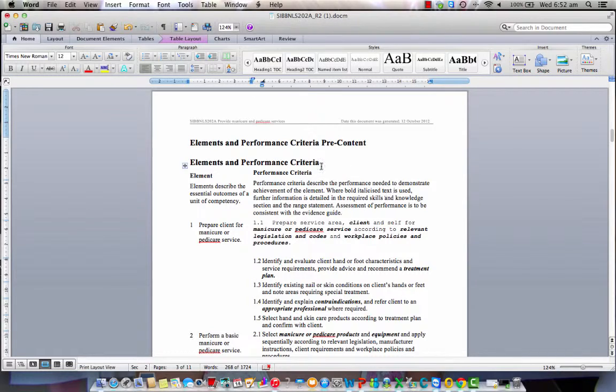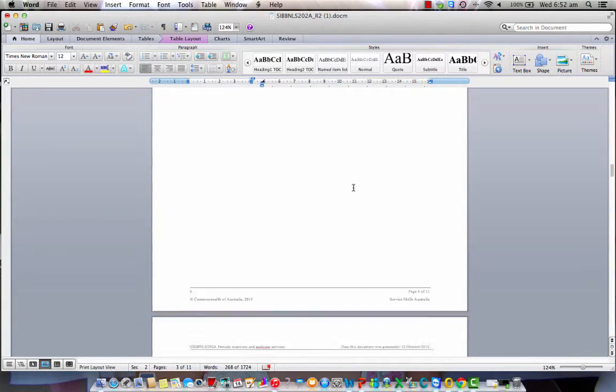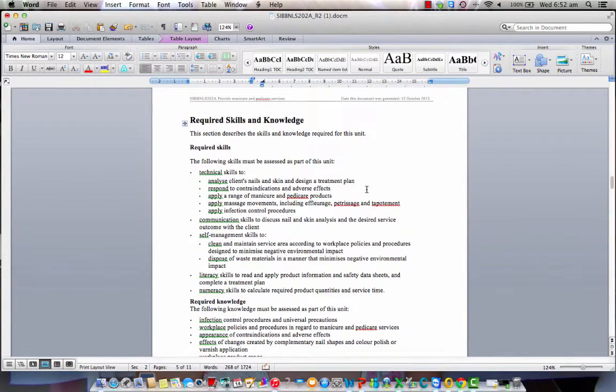So next we move on to the required skills and knowledge. And the first part are the required skills. Now, whenever possible, these points have to be addressed in exactly the same way as the performance criteria. So we need to try and cover them by means of practical assessment.